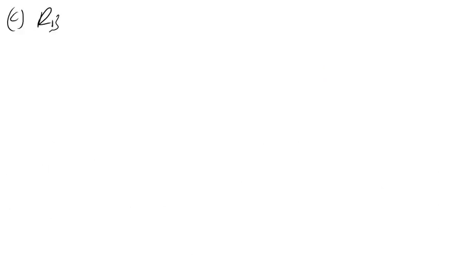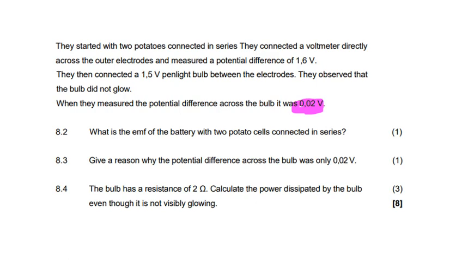R bulb of 2 ohms and V bulb of, sorry, not 1.6. The 1.6 is the EMF. Sorry, 0.02 volts. Then the question says, calculate the power dissipated by the bulb even though it is not visible.